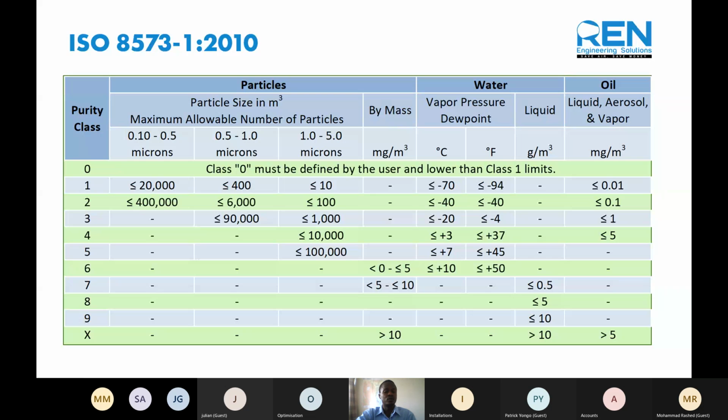Another key thing to note is that oil-free compressors will only ensure that you meet the purity class 0 for oil. In order to remove contaminants such as water, you do need a dryer, and for particles, you will need the right filter.